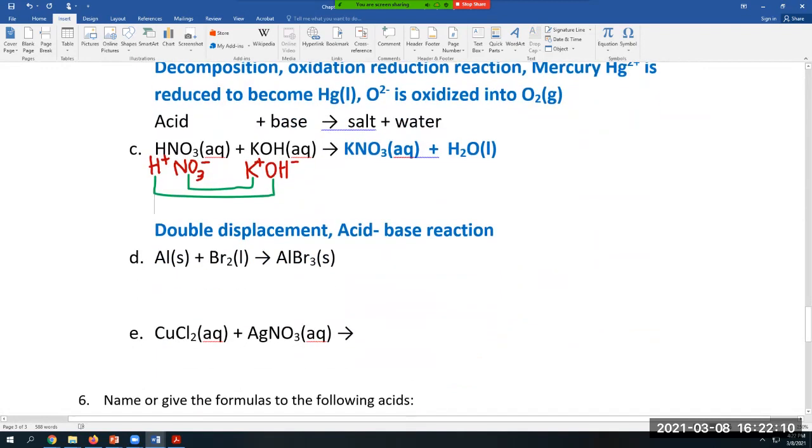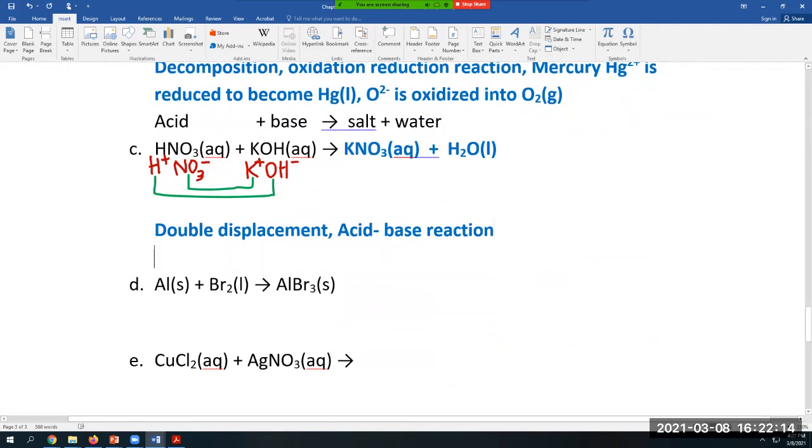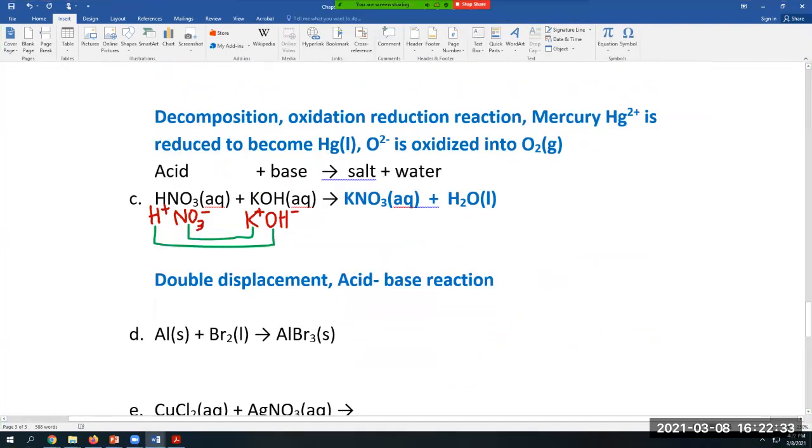So let's do 5D now. So note, I want to go back to question 5C here. Notice how balancing was already done automatically here because one NO3 on the left, one NO3 on the right, 1 K on the right, 1 K on the left.